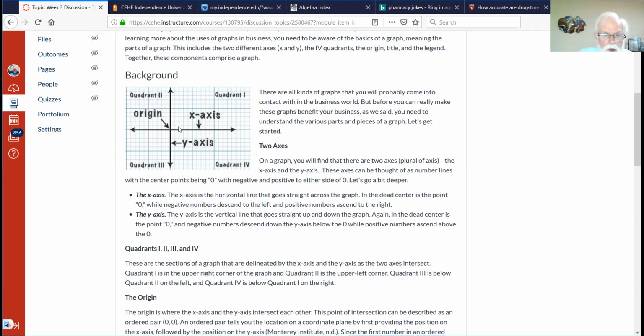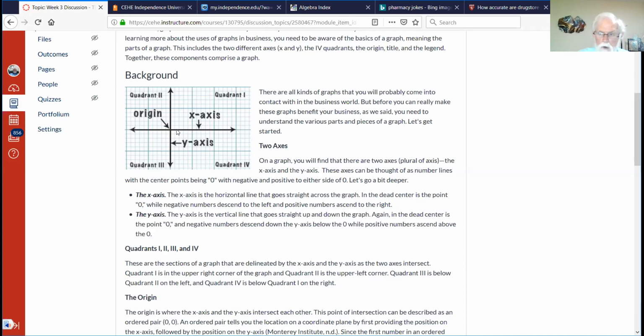If we look over here, we're going to assume that each of these little squares is worth 1 point. The intermediate areas are fractional points. So this point right here is x equals positive 1. This one is x equals positive 2.